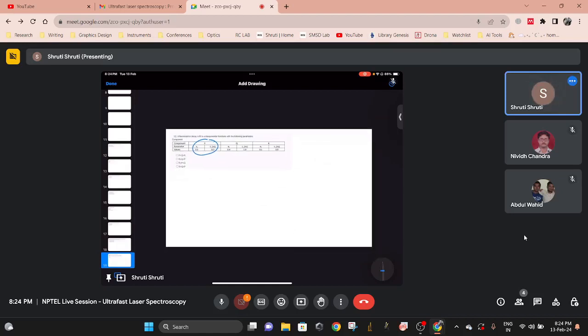Now here the lifetime will be A1 tau 1 plus A2 tau 2 plus A3 tau 3. So if you do that, what you will get: A1 is 0.5, tau 1 is 0.3, A2 is 0.4, tau 2 is 1, 0.1 into 3.